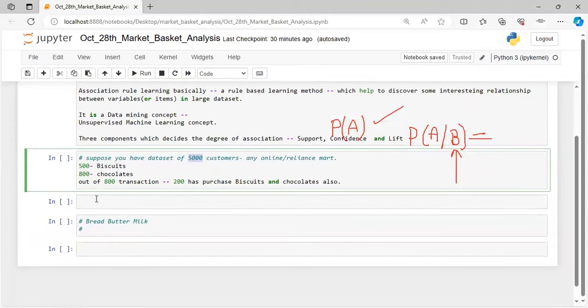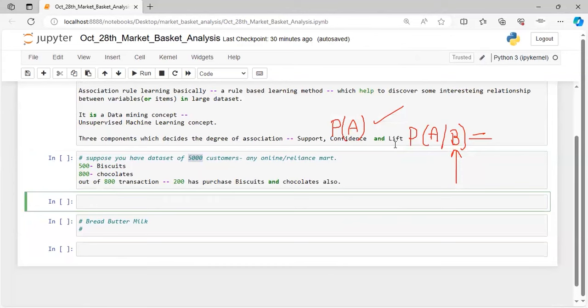So just take the example, if you want to calculate the support, confidence, lift, all those things. So support of the biscuit equals total transactions of biscuits divided by total number of transactions.